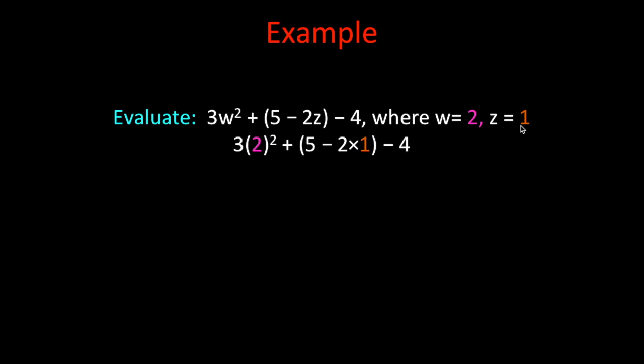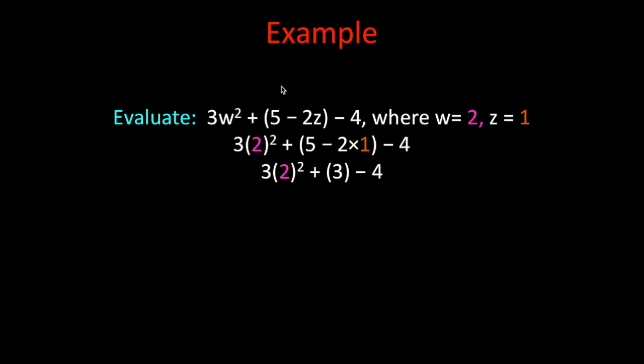Okay, so 3 times 2 to the second power plus open parentheses 5 minus 2 times -1 close parentheses minus 4. So remember, w is 2 and z is -1. So now we're going to do parentheses first. Remember, you do parentheses before anything else. So we're going to go inside the parentheses and solve this. 2 times -1 is -2. 5 minus -2 is 3.